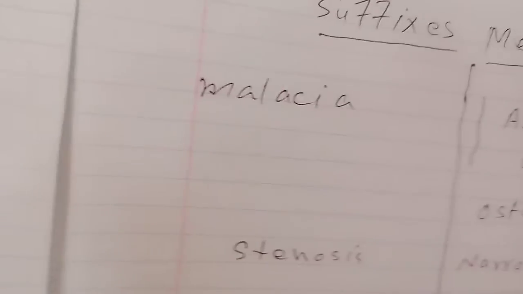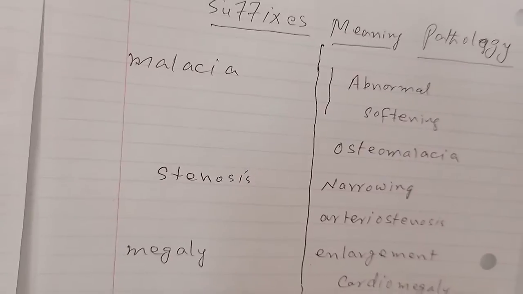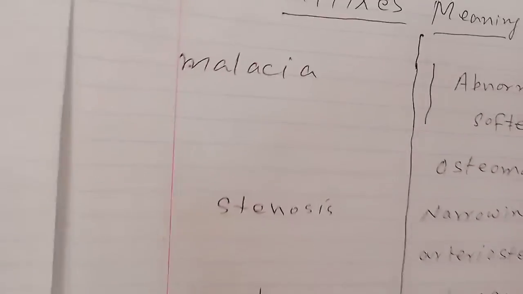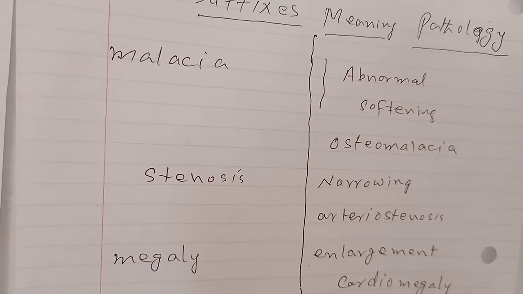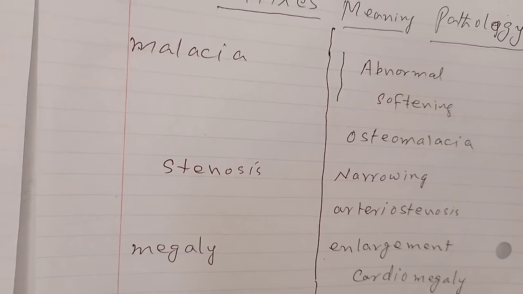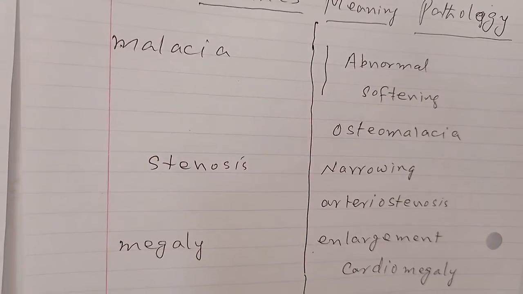More examples of suffixes meaning pathology is malacia. Malacia means abnormal softening. Osteomalacia. The bones are soft.